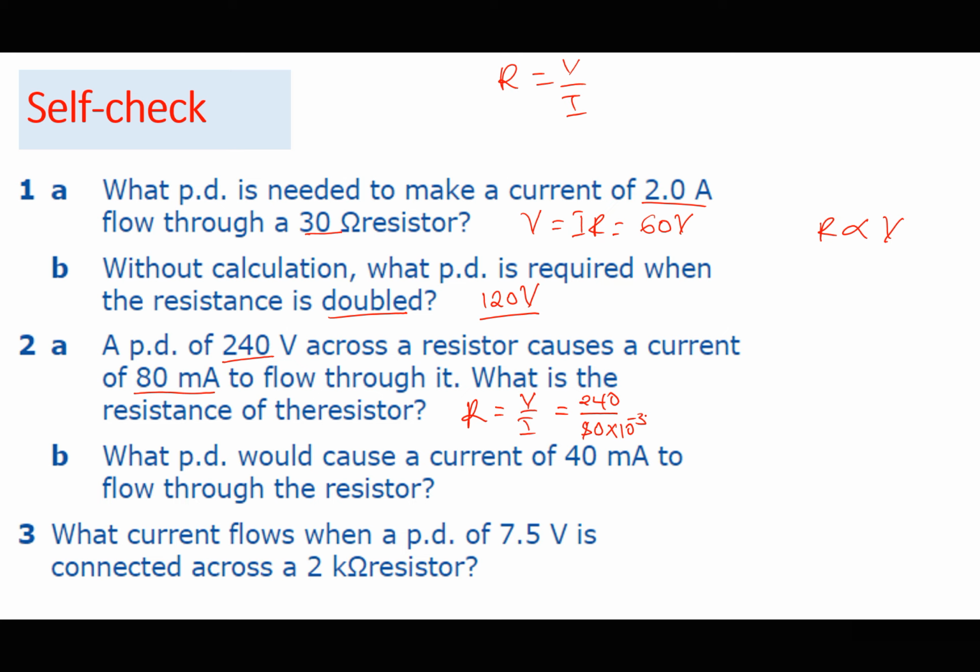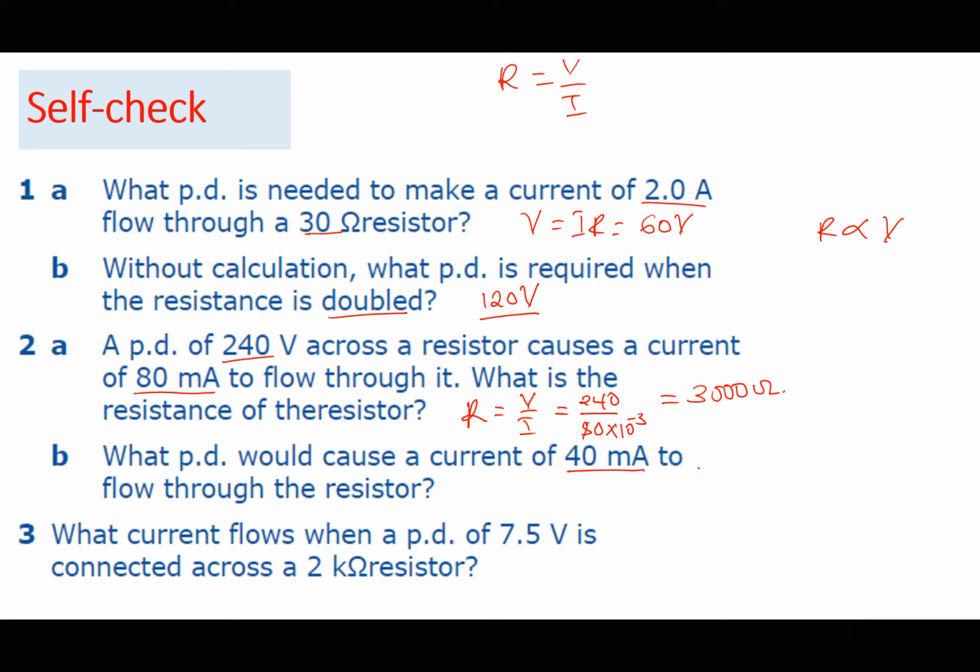So I'll just check with my calculator. 240 divided by 80 exponent minus 3. So the resistance here is going to be simply 3000 ohms.